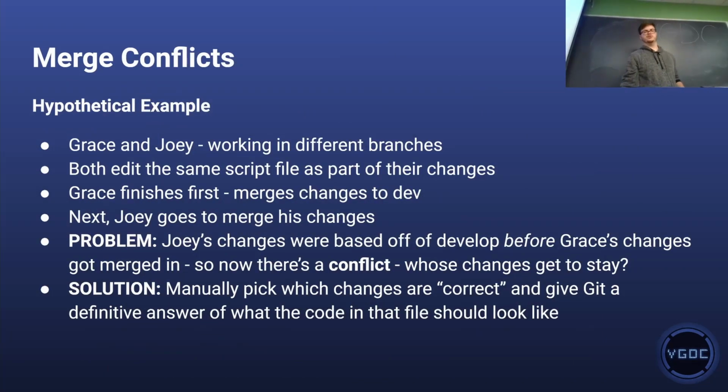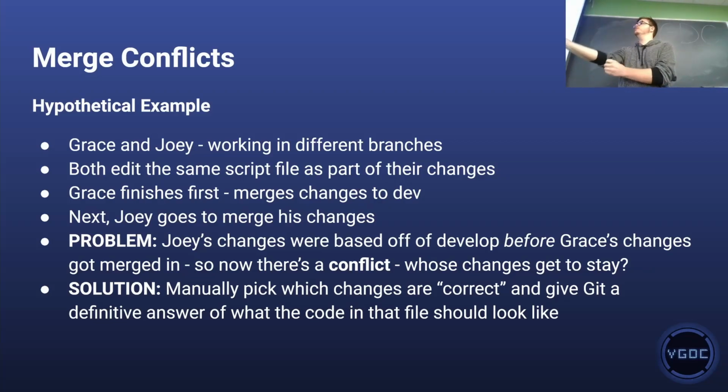Which gets us into the idea of merge conflicts. That's the exact thing Phillip just brought up: if you make a change to a file and someone else makes a change to the file, GitHub doesn't know what's happening. At that point, you're going to have a merge conflict where you have two different versions of the same file. One is technically correct within the scope of your project because it's a better direction for your end goal, but GitHub doesn't know that.